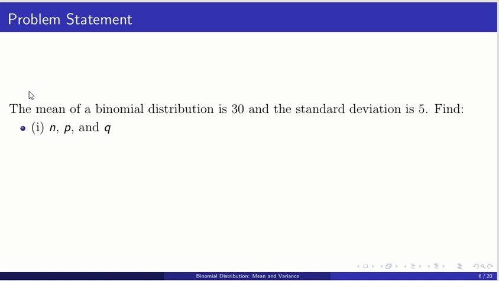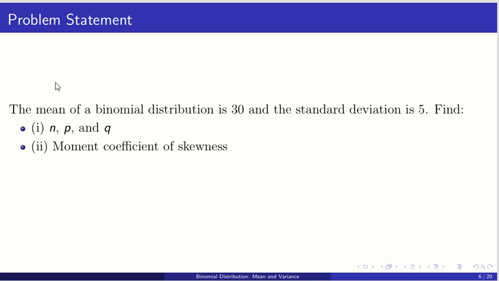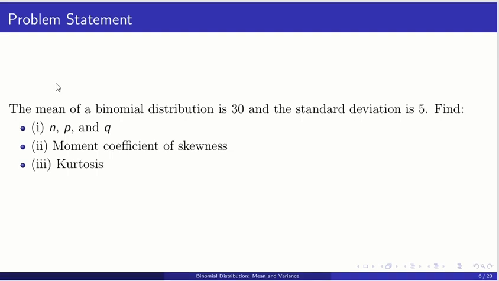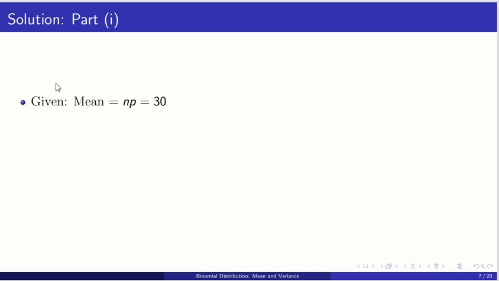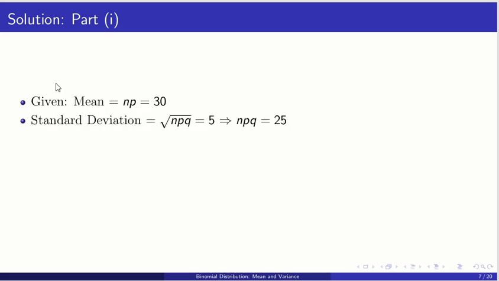The mean of a binomial distribution is 30 and the standard deviation is 5. First, we need to find N, P and Q. Second, find the moment coefficient of skewness, and third, the kurtosis. So the mean is given as 30 and the standard deviation, that is the square root of variance, is 5.